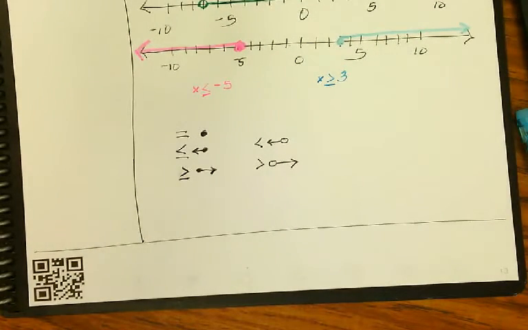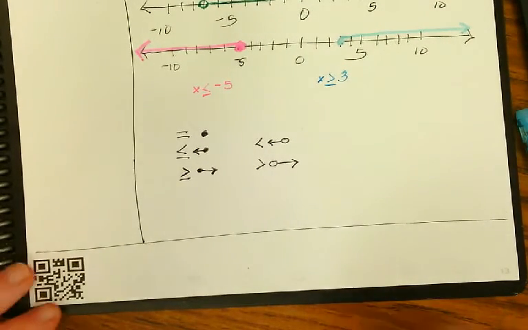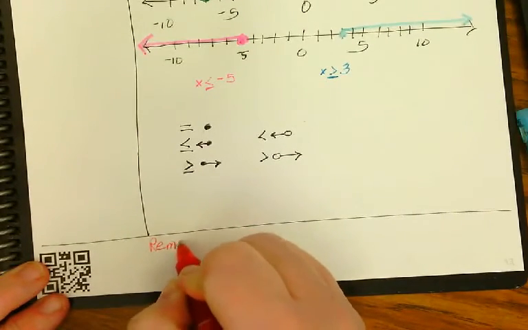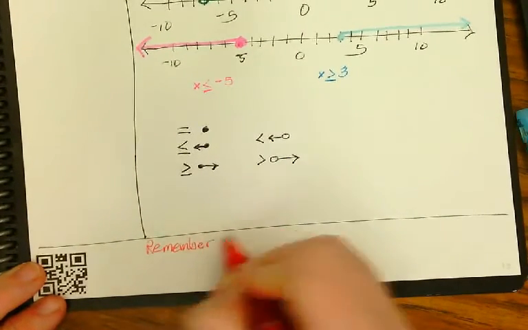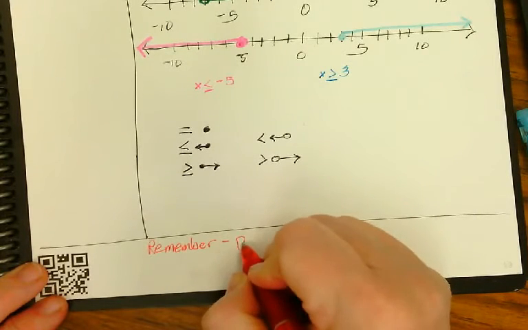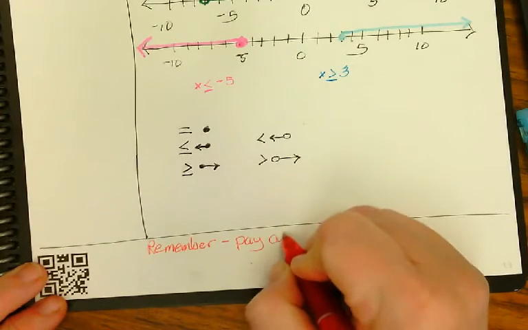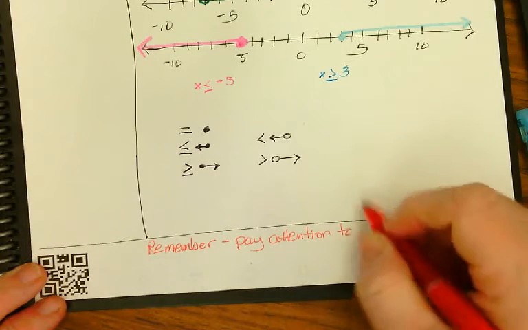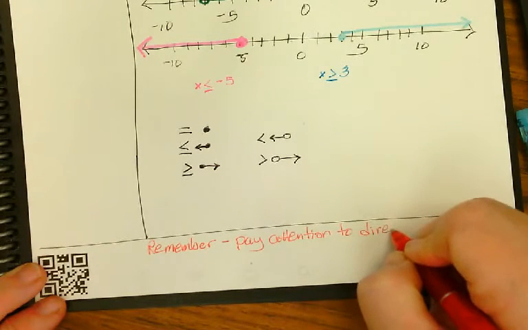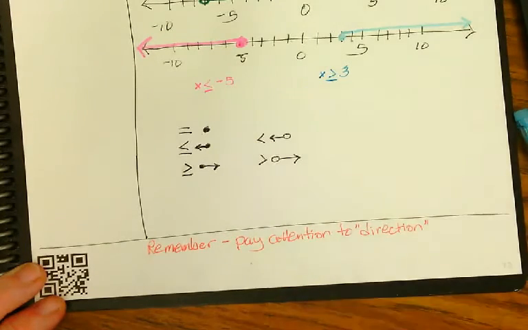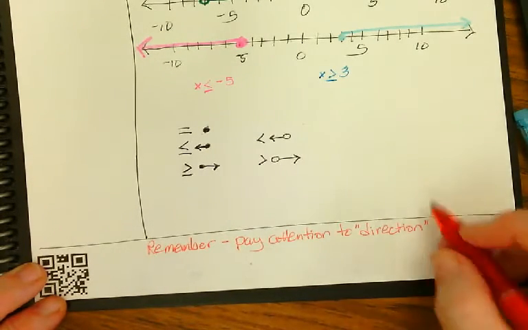So our thing to remember, I'm going to put here at the bottom, remember. Pay attention to "direction." Are we going less than to the left, greater than to the right?